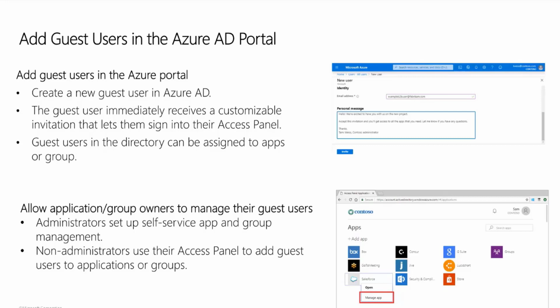And these guest users in the directory can be assigned to apps and groups and so on. And you can delegate the guest user management to application owners so that they can add guest users directly to any application they want to share, whether it's a Microsoft application or not.